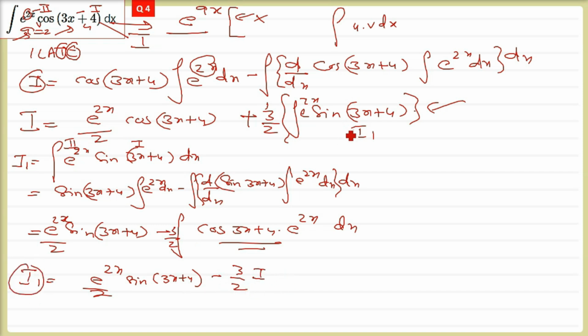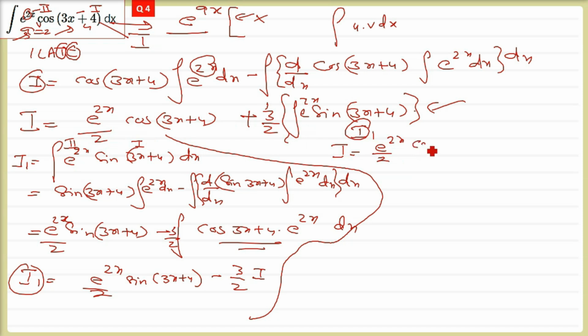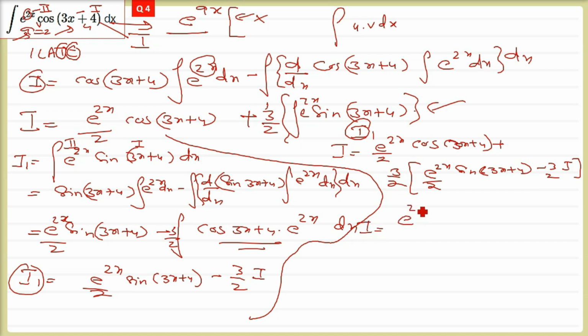Now this I1 has to be replaced in the original equation where we left. I told you we will do I1 separately and then shift it into the original equation. So I becomes e raised to x by 2 cos 3x plus 4 plus 3 by 2, and inside this we replace I1: e raised to x by 2 sin 3x plus 4 minus 3 by 2 I. So I becomes e raised to x by 2 cos 3x plus 4, and then 3 by 2 needs to be multiplied inside.